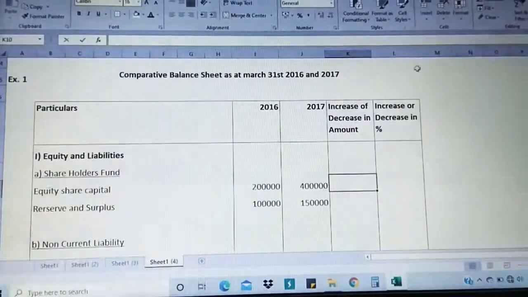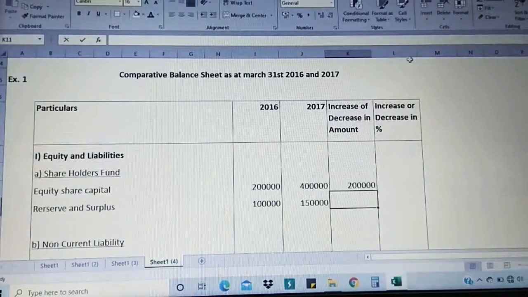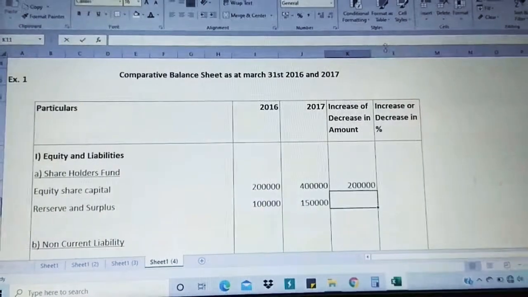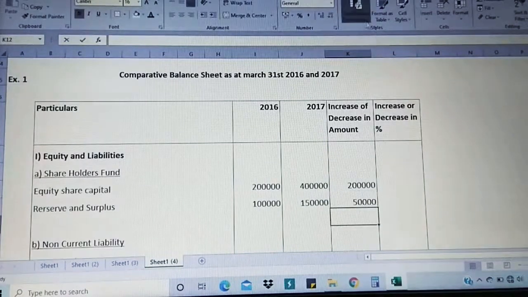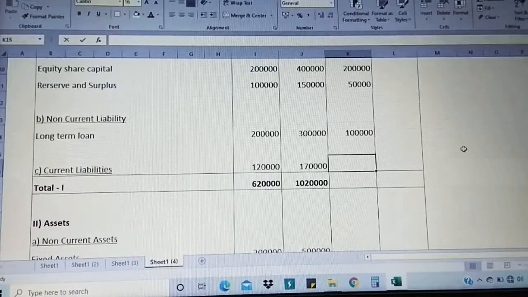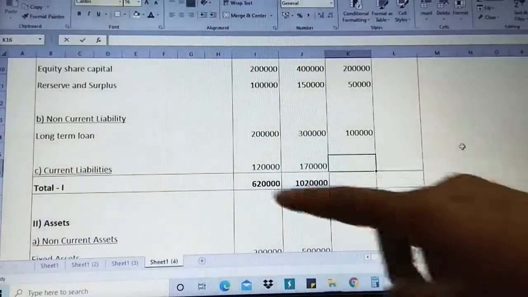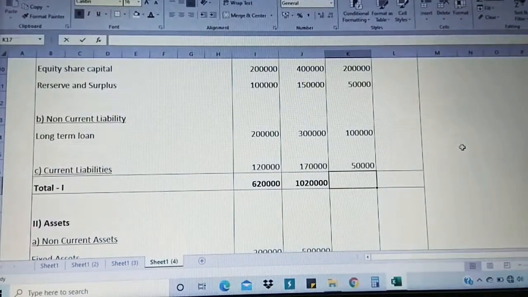From this, if you minus 2 lakh, you get 2 lakh. Next, 1 lakh 15 minus 1 lakh gives you 50,000. Next, 3 lakh minus 2 lakh gets 1 lakh. Next, 1 lakh 17 minus 1 lakh 20 gives us 50,000.